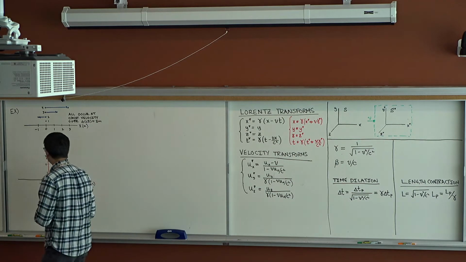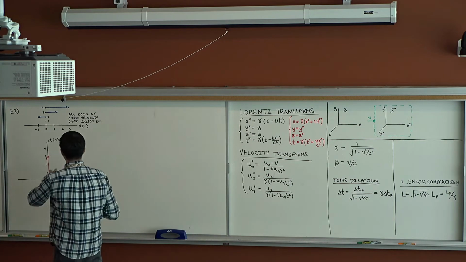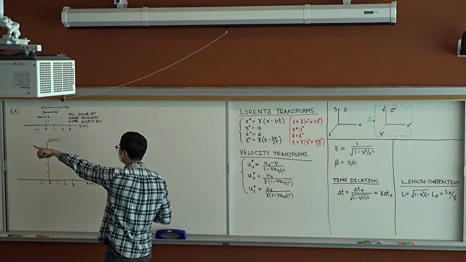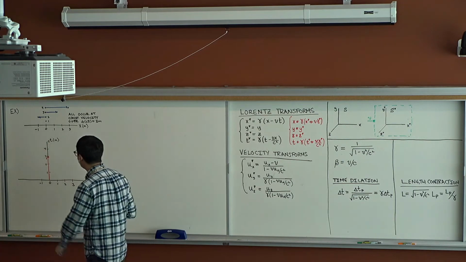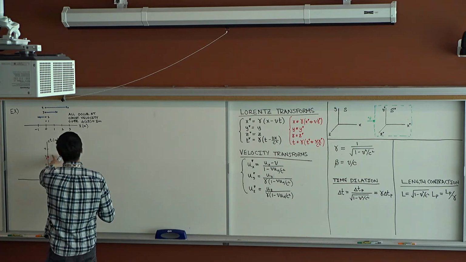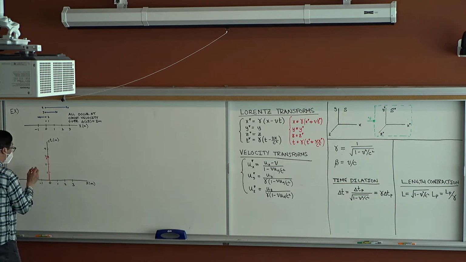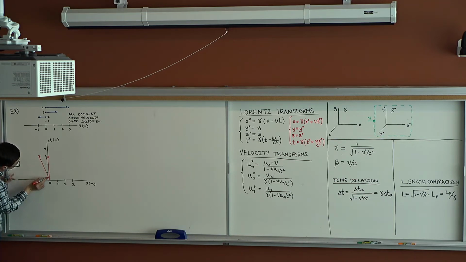Particle 2 went 1 meter in the negative direction in that same 3 meters of delta ct. So particle 2 did that.